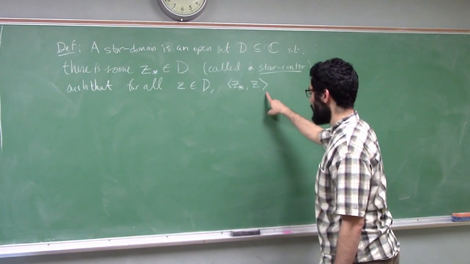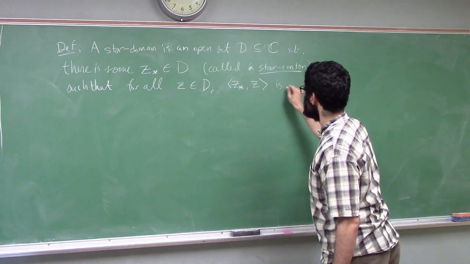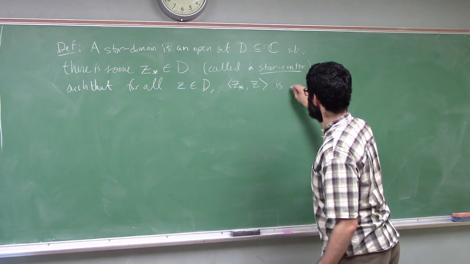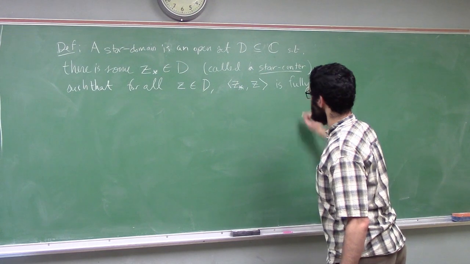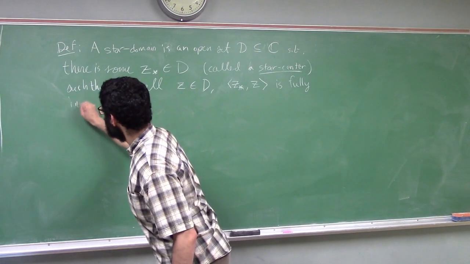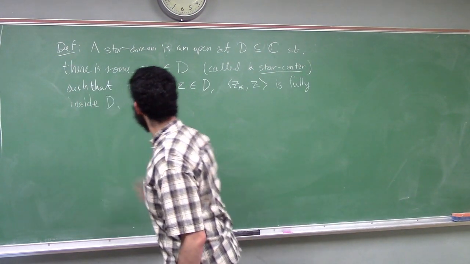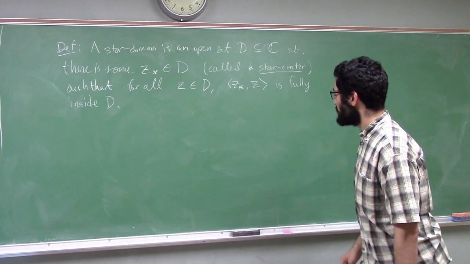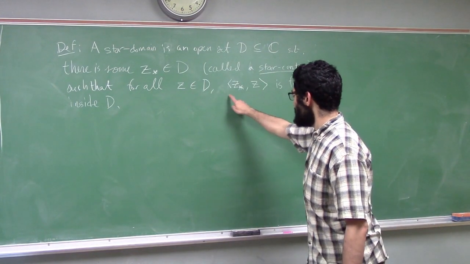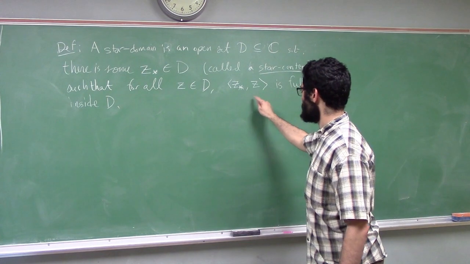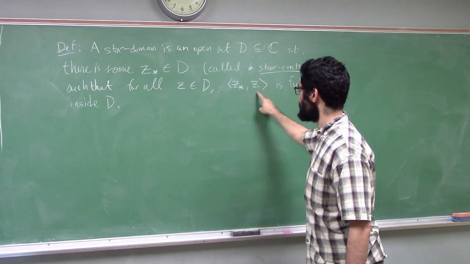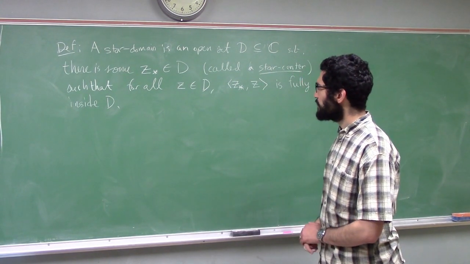Technically this is a parameterized path, but let me just take advantage of the notation. By this notation I mean the range of this path, or the actual points along the line segment from z star to z, is fully inside D.